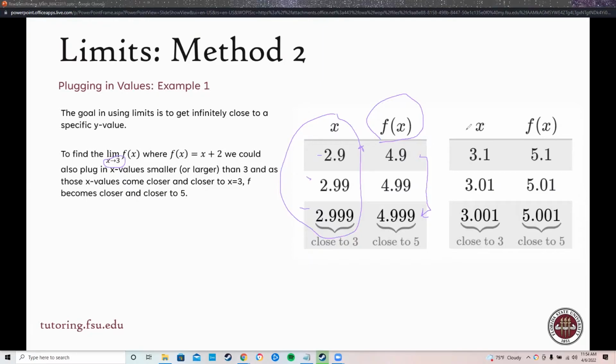If we do the same thing on the right-hand side, doing 3.1, 3.01, 3.001, 3.0001, and so on, you will also get a value that looks like it's approaching the number 5, being 5.1, 5.01, and so on. So that's the numerical analysis method of evaluating a limit.